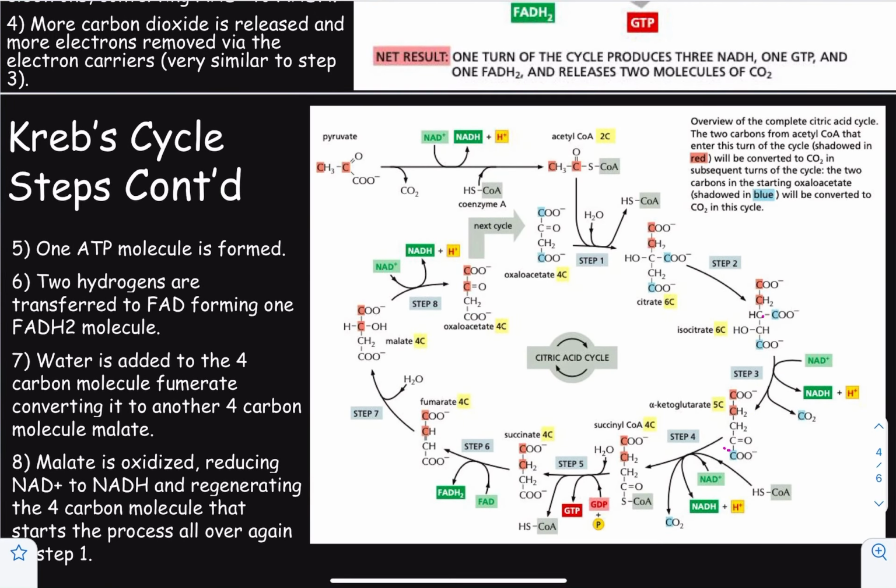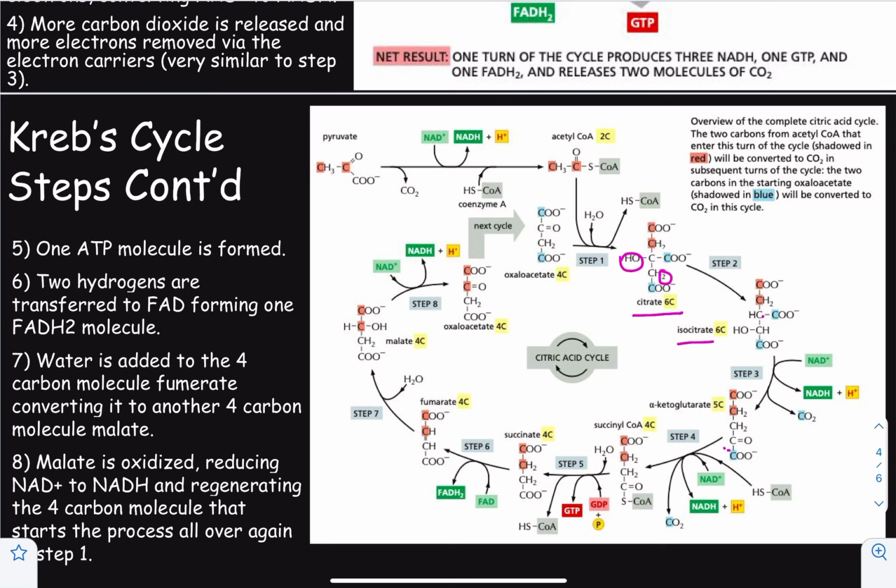We have citric acid, which had an OH here and an extra hydrogen here. And then we ended up with isocitric acid, where the OH is no longer on the 3rd carbon.